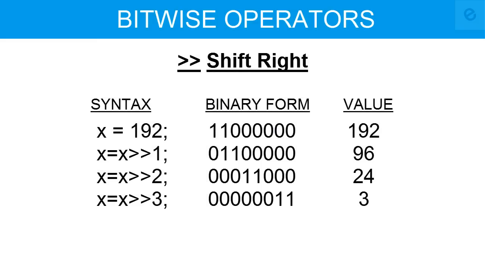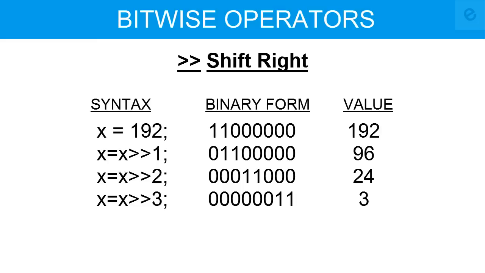Now let us talk about the right shift bitwise operator. What the right shift does is that it shifts the bits to the right side in binary up to the given place.